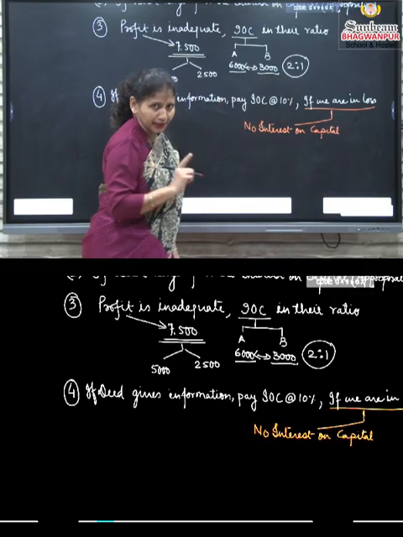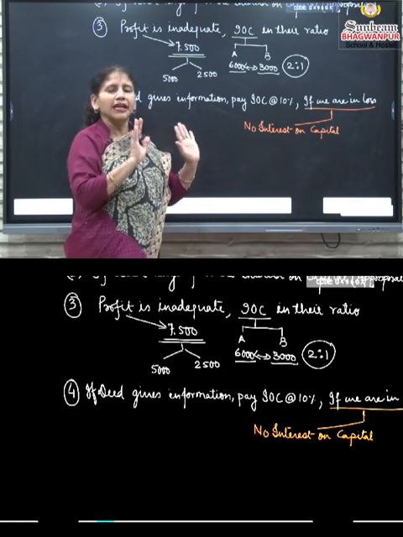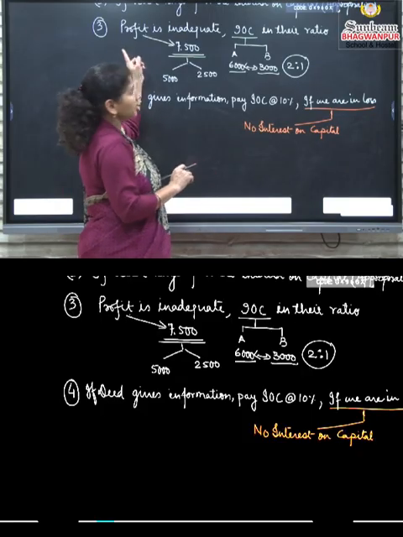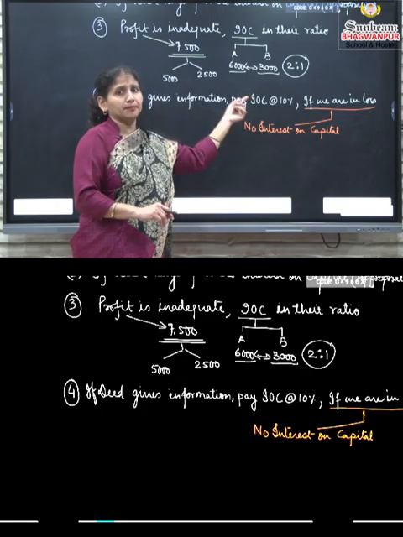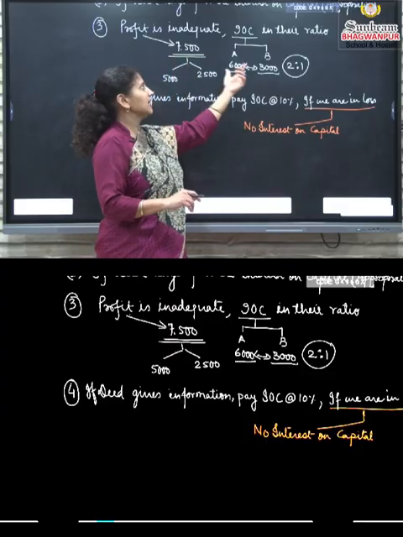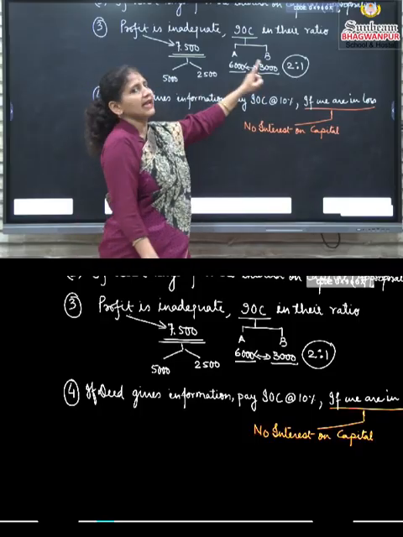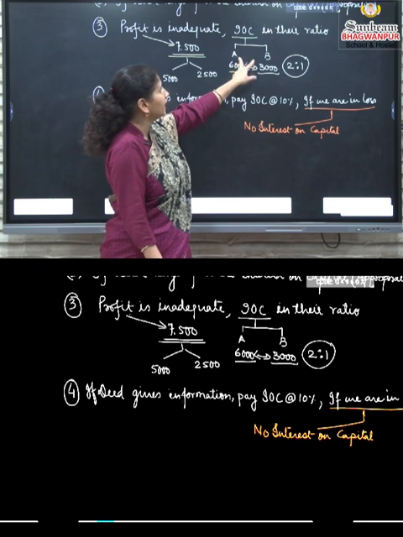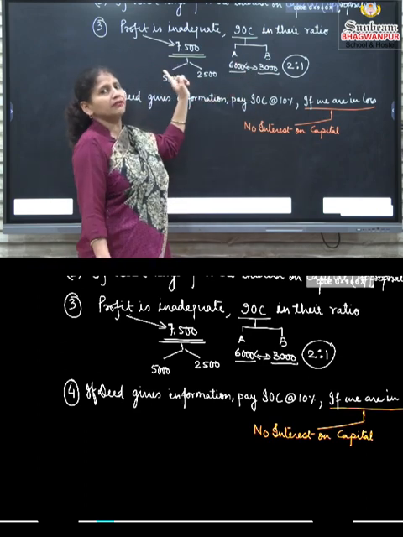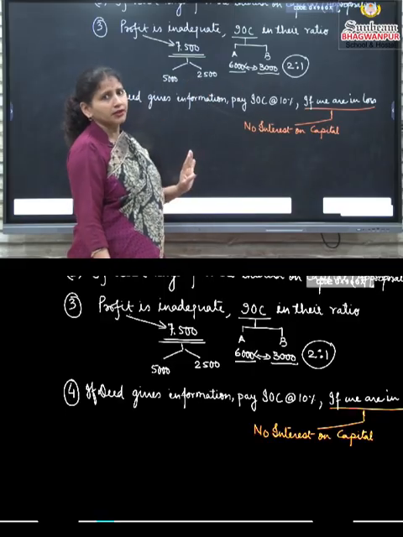Remember, we are preparing the P&L appropriation account. Appropriation means when we have enough profit. In the previous case, we had profit, but it was inadequate, meaning the profit was less than the total interest on capital. So we calculated the ratio of the interest on capital of those two partners, and distributed the available profit among them in the name of their interest on capital.